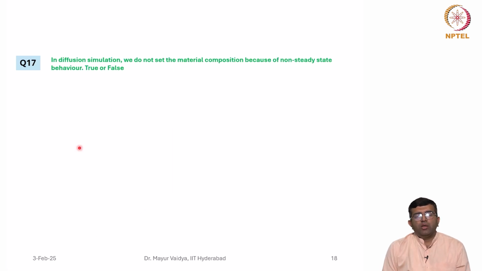Question number 17. In diffusion simulations, we do not set the material composition because of the non-steady state behavior. True or false? This is true. We saw in the previous video that if you want to simulate moving phase problems, carburization problems, the composition varies as a function of distance and as a function of time, and that is why we do not set any composition.